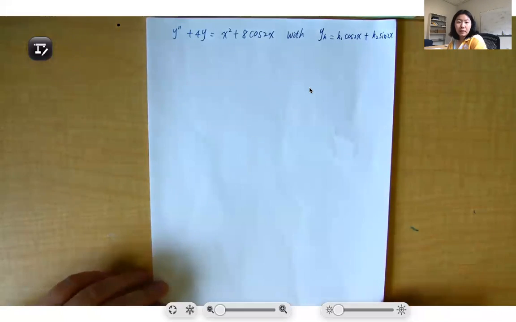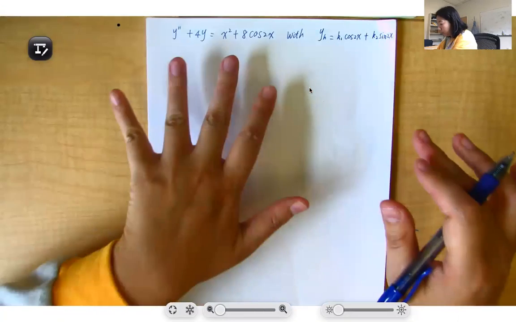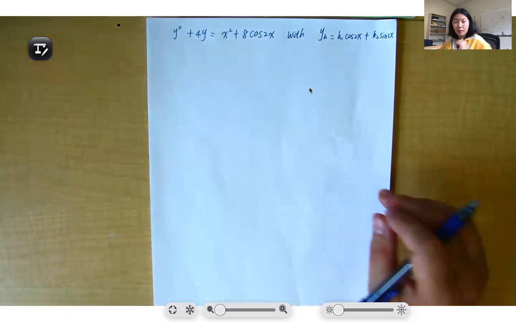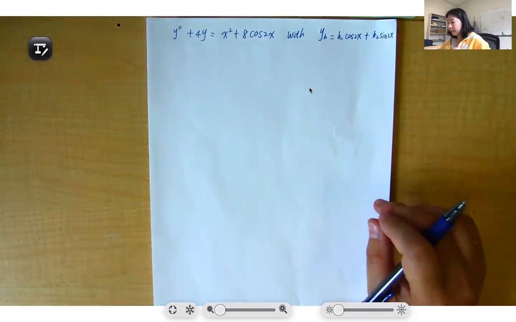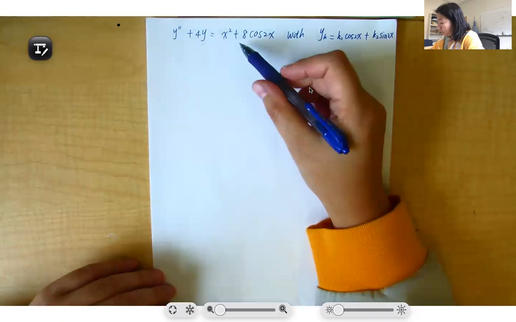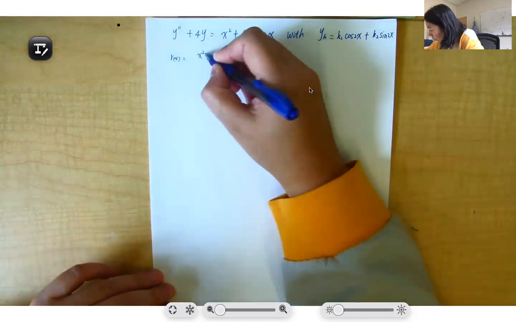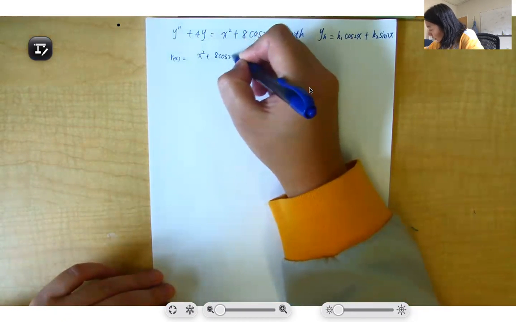Okay, so this is our problem set with the homogeneous solution we already solved, and we are trying to find the particular solution. And seeing this forcing function, the forcing function is x squared plus 8 cosine 2x.